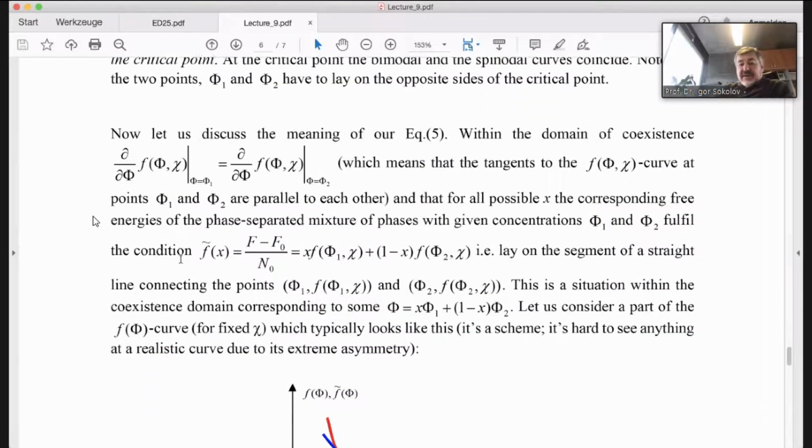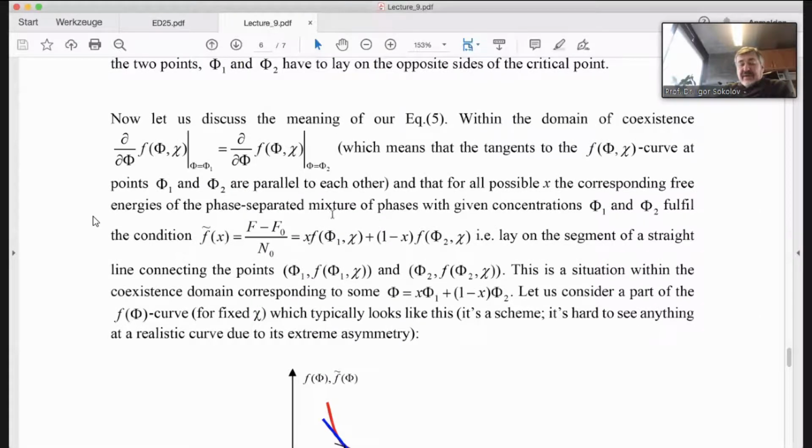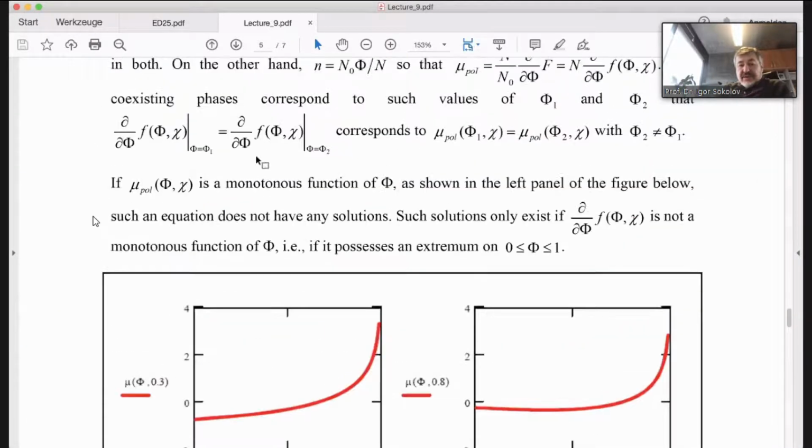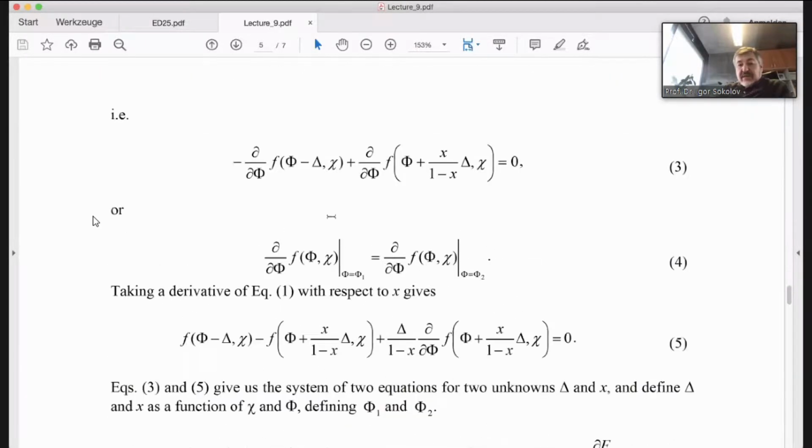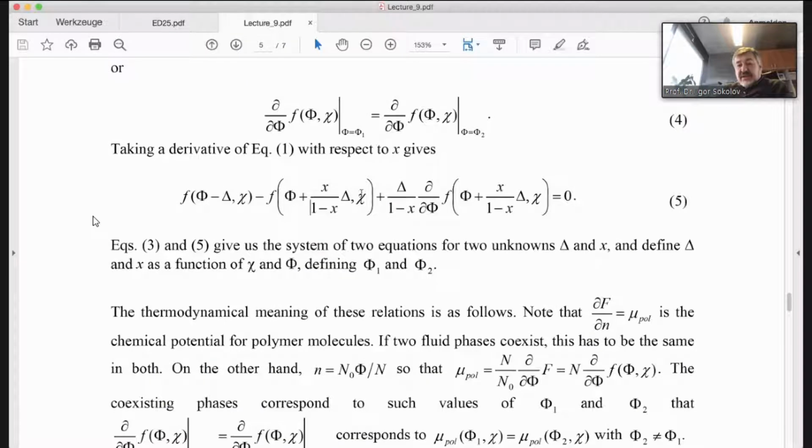Now, the second thing are the pressure conditions. From these pressure conditions, we essentially get that the 2 points have the same derivatives, because both equations contain the derivatives with respect to f.